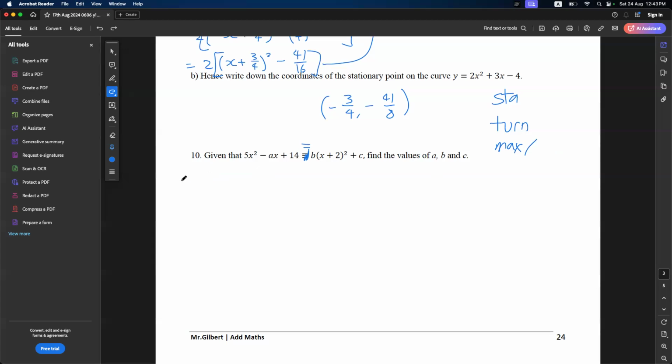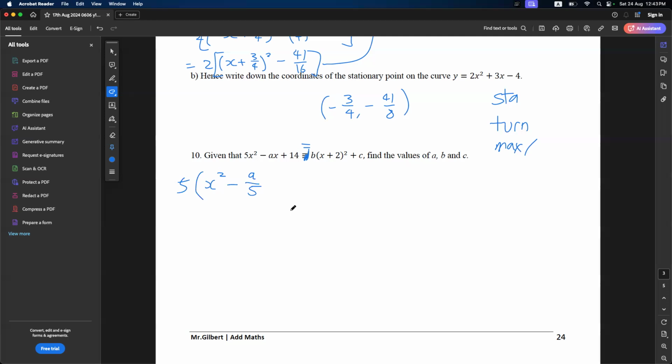Okay, factorize the 5. I would have gotten 2/5. I thought we were factorizing the 5. Shouldn't it be divided by 5?